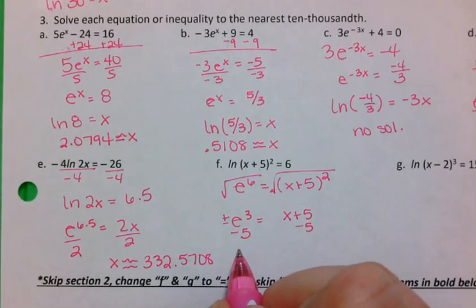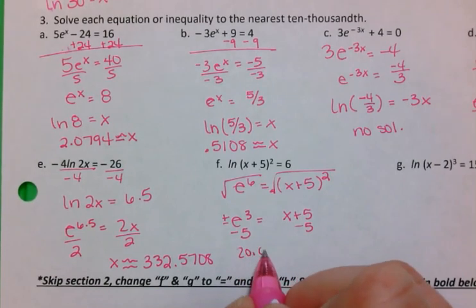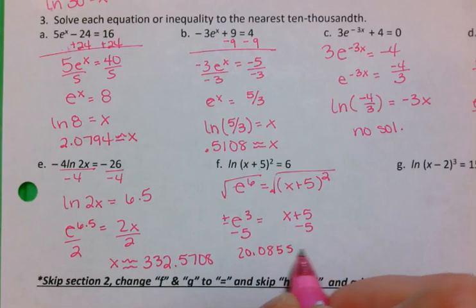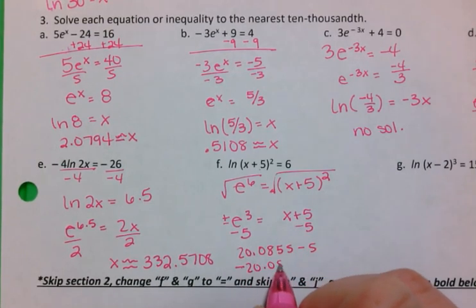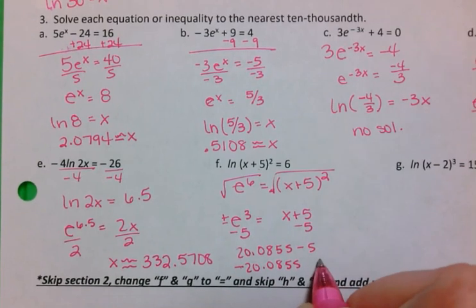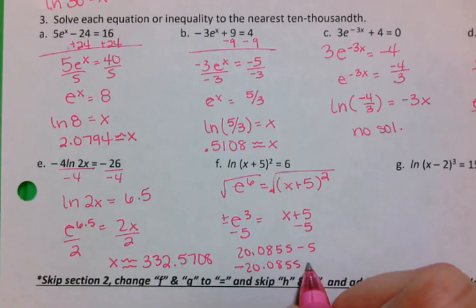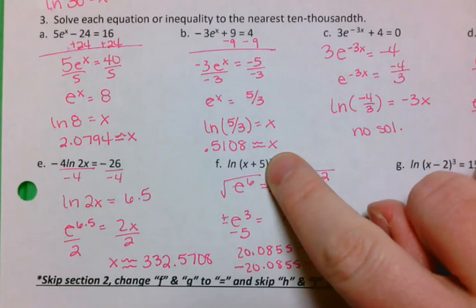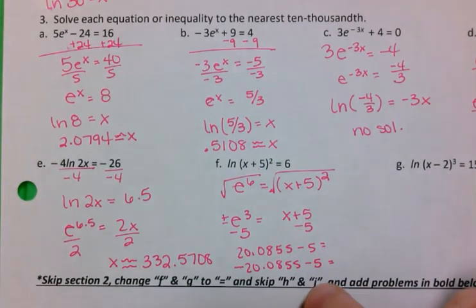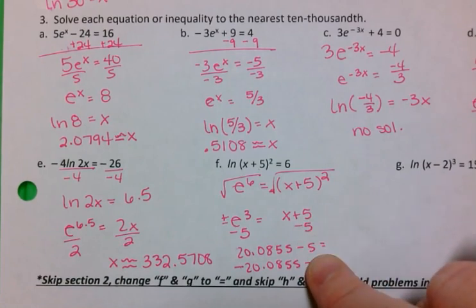So that means I would have 20.0855 minus 5, and I would have negative 20.0855 minus 5. Doesn't matter what answer I get because I'm going to square it on the inside. And so it would get squared and give me the same answer, so I do need both of these solutions.